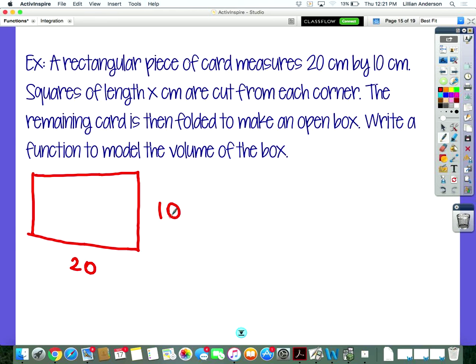I would take the scissors and go to the corner and then cut up, and then cut over. So basically I'm making a cut like this. This is going to look like an elongated plus. So I'm cutting corners, and each of them has a length of x.